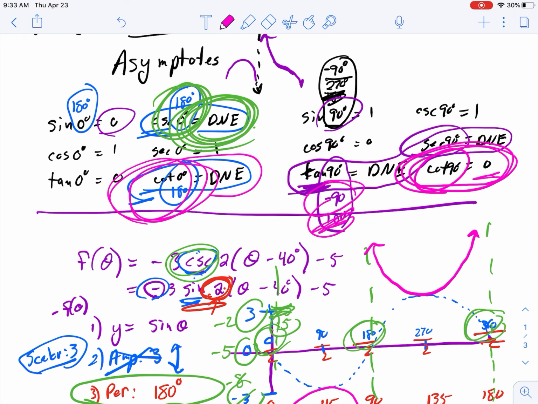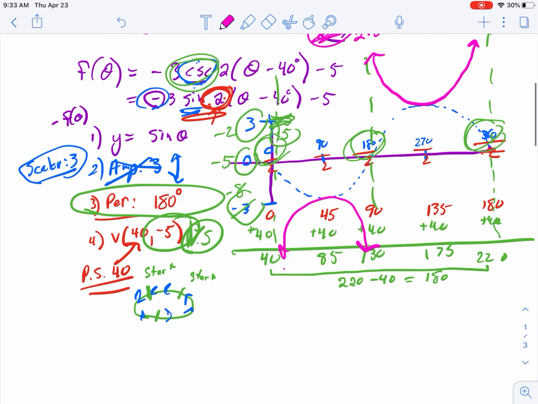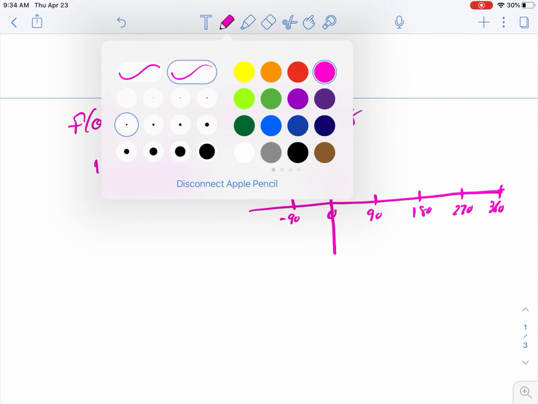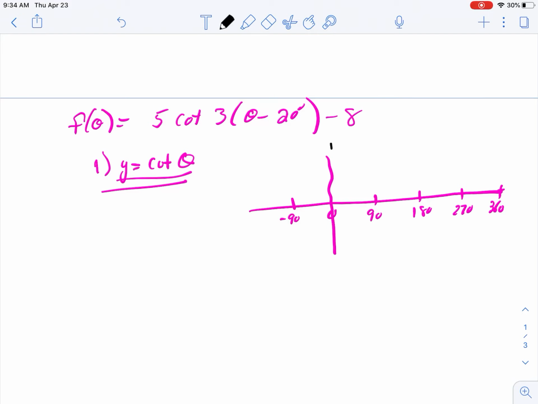Okay. Oops, excuse me, I think that should have been 270, by the way. My bad. Okay, I had it up there. So here's my asymptotes, 0 and 180. There's my asymptotes. All right, so let's go down there and let's put them in.